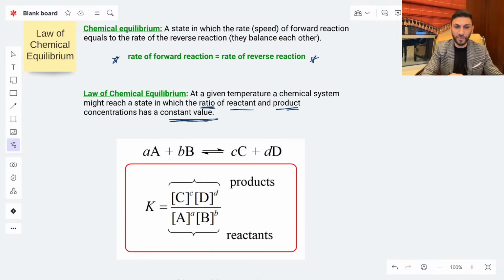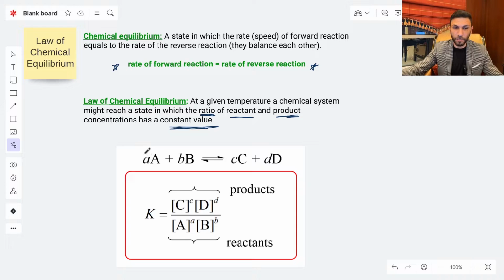For example, if we have this reaction here, a is the number of moles of A in a balanced chemical reaction, b is the number of moles of B, and these two are reactants. c is the number of moles of C, and d is the number of moles of D, and those are the products. This is a reversible reaction because we have a double arrow. We have the forward reaction and we have the reverse reaction.